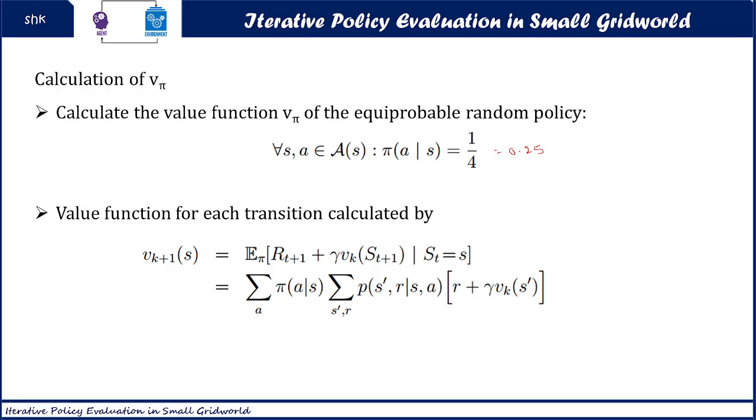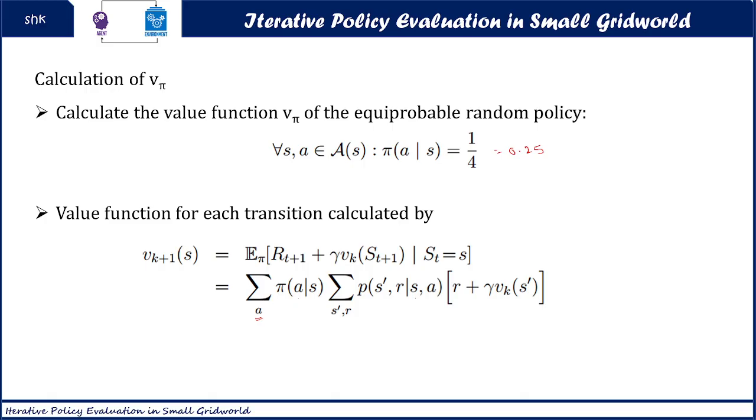This expectation we can write as the summation over all actions of the probability of the action for a particular state, that is pi of A given S, times the summation over the transition from S to S dash with probability for a given action A with a reward of R, R plus gamma times V k of S dash.